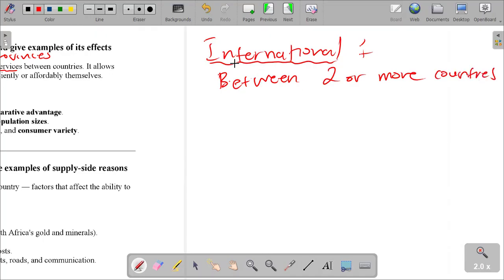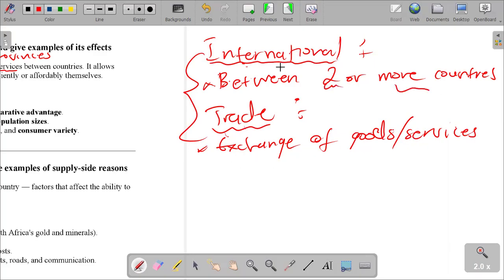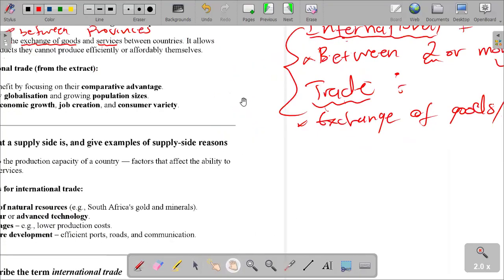And what is trade? Trade is the exchange of goods or services. So when you combine these two, it's the exchange of goods and services between two or more countries. That's what international trade is.